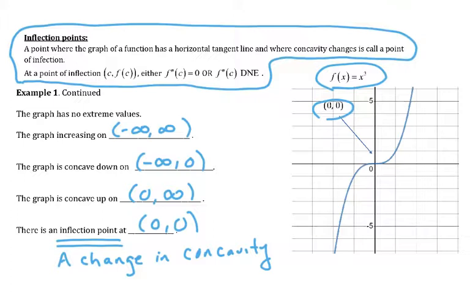And this is key here. How do we find inflection points? Well, this might sound familiar, but we want to find places where the second derivative equals 0 or the second derivative does not exist. So these are like critical points for the second derivative.